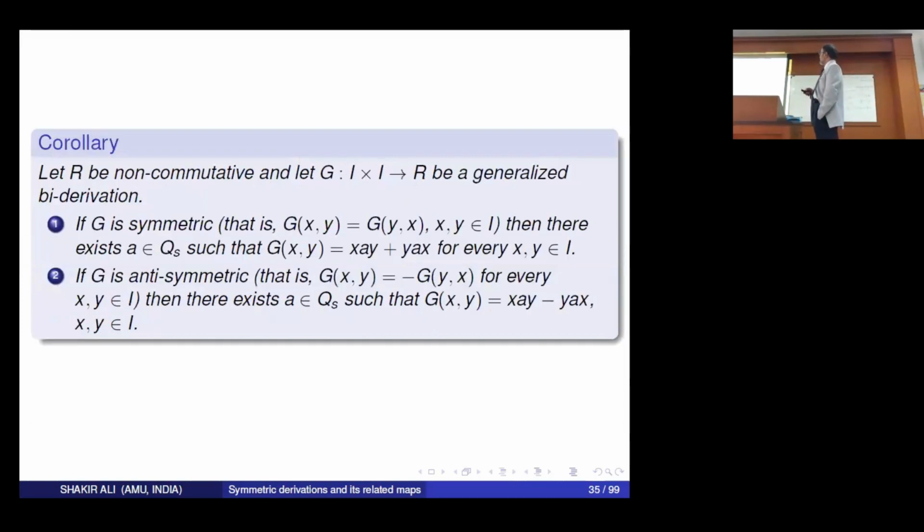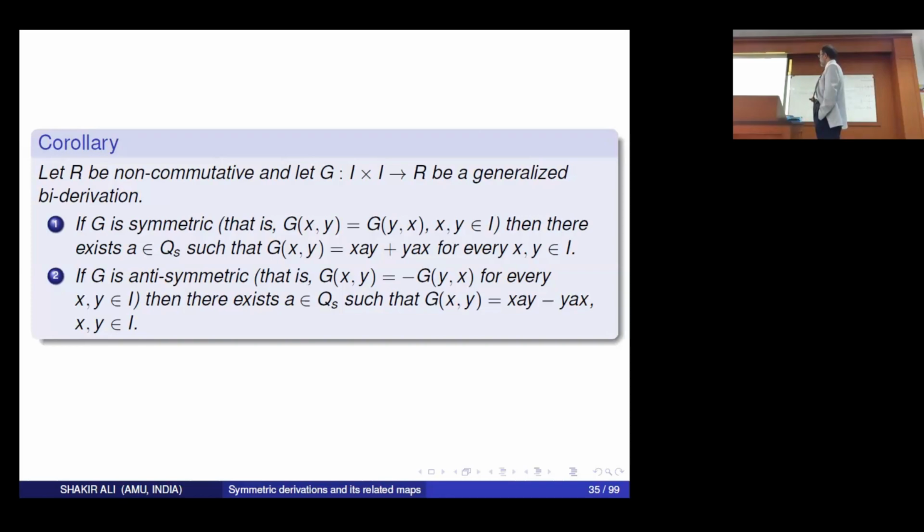Okay, and there is another important observation. Let R be a non-commutative prime ring and I an ideal. Then if G is symmetric, that means it satisfies this condition, every generalized biderivation has this representation.